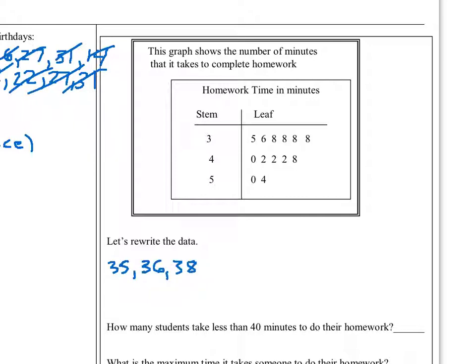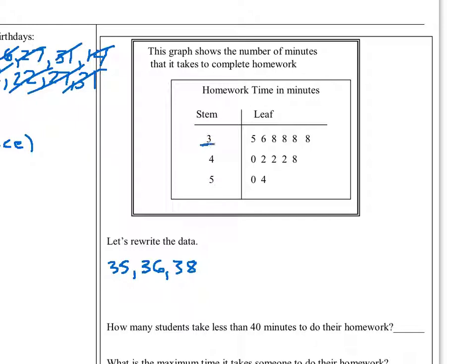I think this is a better visualization than a stem and leaf plot. So why did you go out of your way to put it into a stem and leaf plot? I don't know. But again, it's going to be on the CST, so we got to do it.